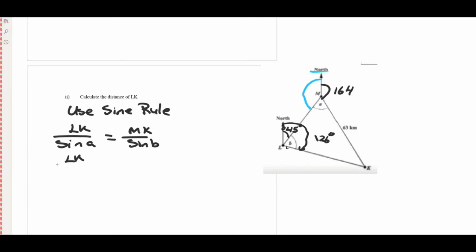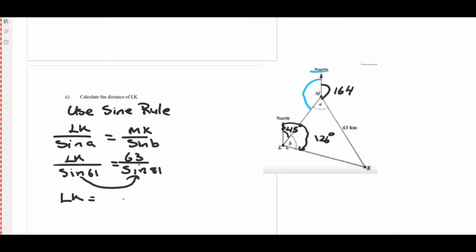That's LK over sine A, which was 61, is equal to MK, which is 63, over sine 81, which is what we found for B. Let's leave LK by itself. So you carry this across the equal sign, and that turns to multiply.